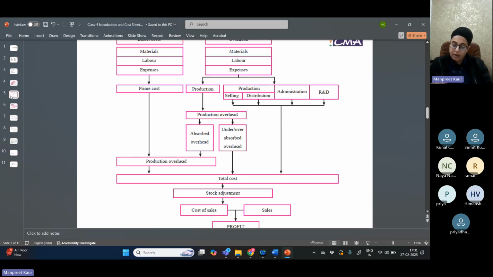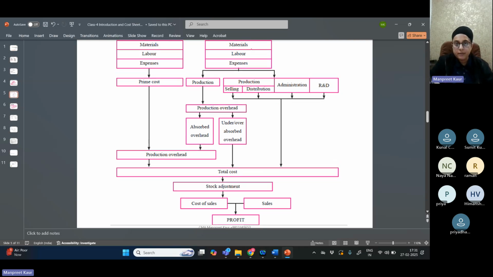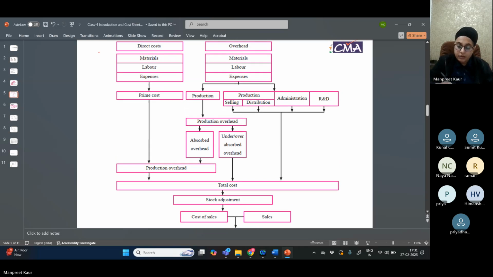Next slide, we have direct cost and indirect cost, whether material, labor, or expenses. Direct cost comprises material cost, labor cost, and expenses, and the total of all three is known as prime cost.